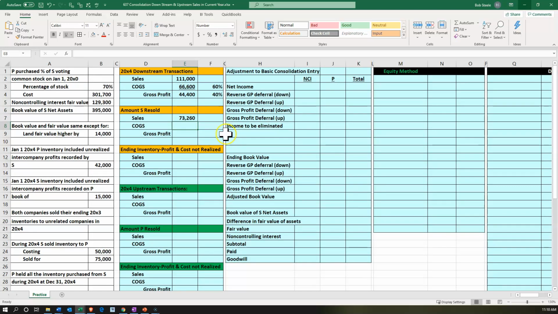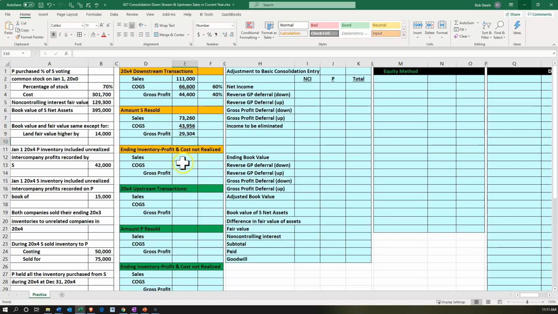73,260. Then for the cost of goods sold, I'm just going to use the percentage, the 60%. So 73,260 times 60%, or if they give you the gross profit, it would be 1 minus the 40%. So this times 60%, and then this minus this. That's going to be the amount of the resale, basically, for the sales, the cost of goods sold, and the gross profit.